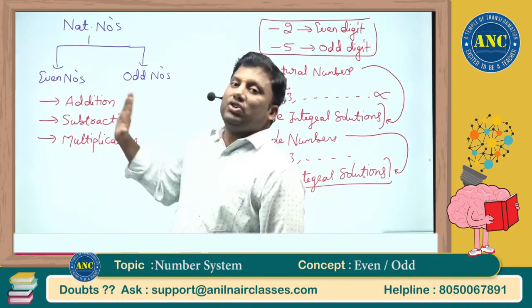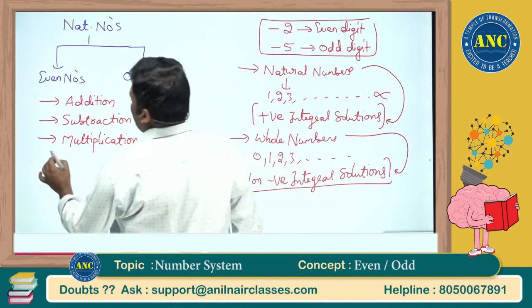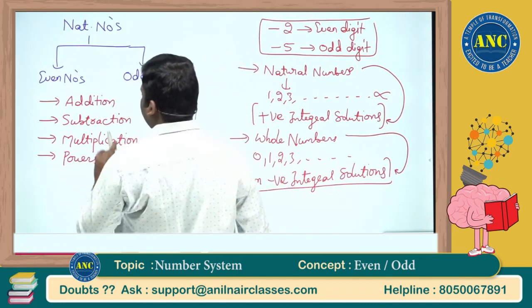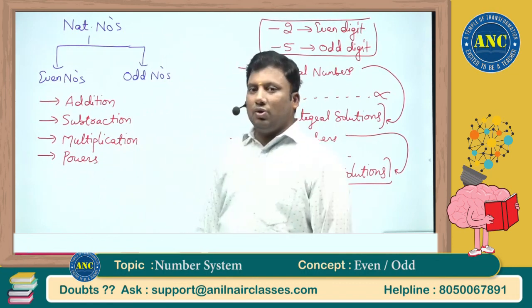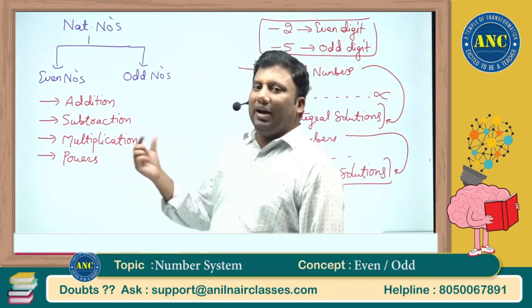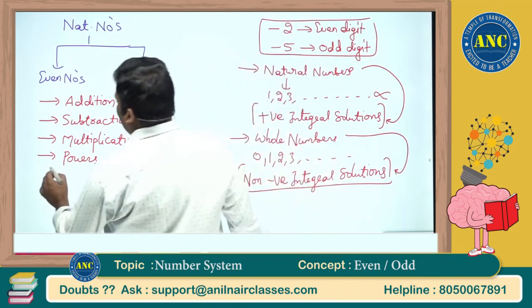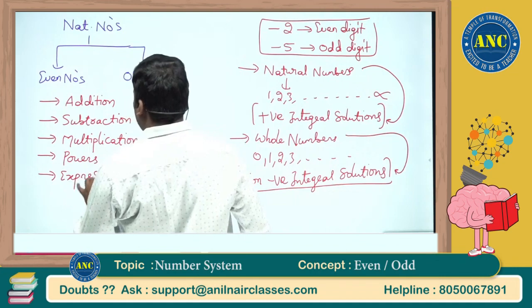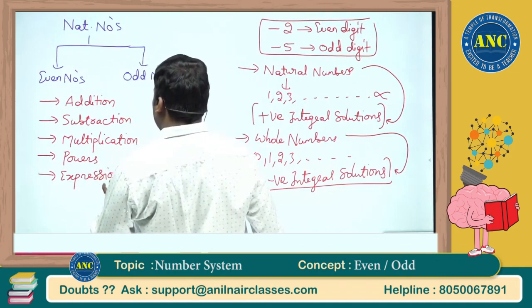I am only restricting it to natural numbers. So what can I do? I can raise it to powers: addition, subtraction, multiplication, powers. Then I can create expressions, which are a combination of variables, constants and powers.